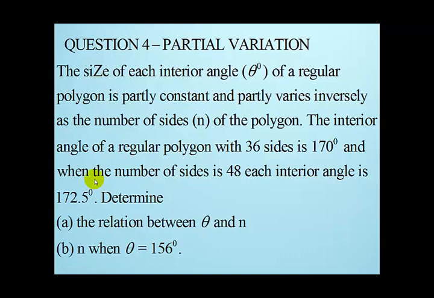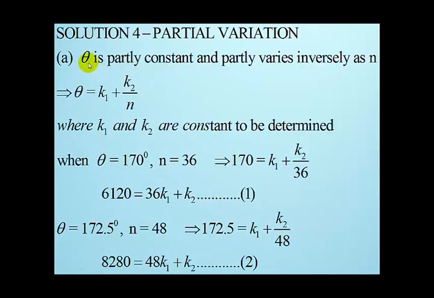From the question, theta is partly constant, so theta is equal to K1, and partly varies inversely as n, so we add K2 over n. So theta is equal to K1 plus K2 over n.